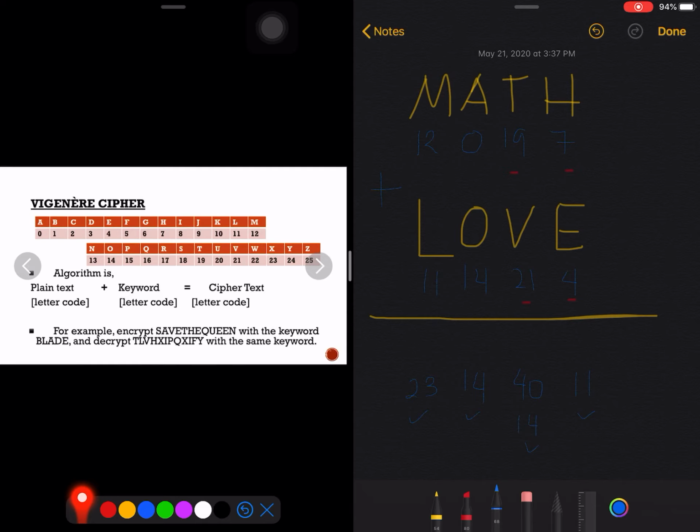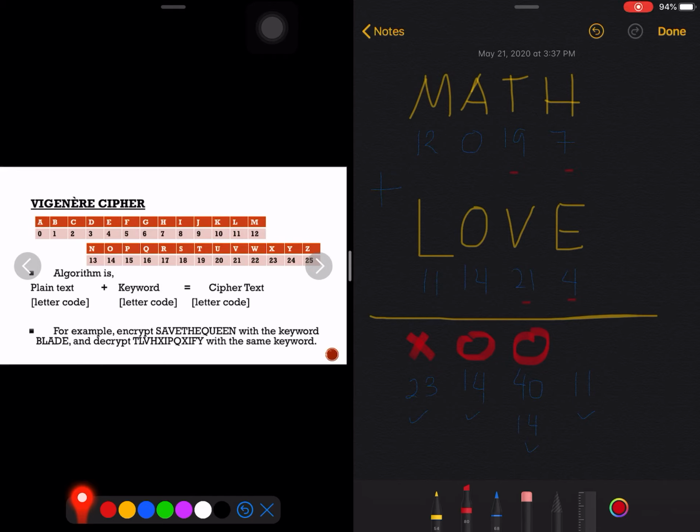get the letters. The letter that owns 23 as its code would be X. Next, 14. O. 40, which is the same thing as 14 modulo 26, that's still O. Okay.